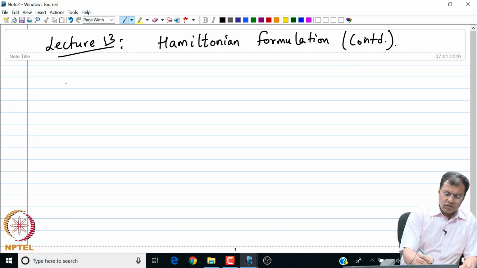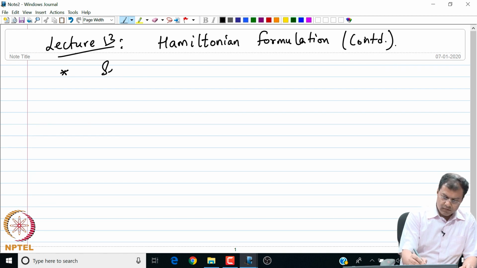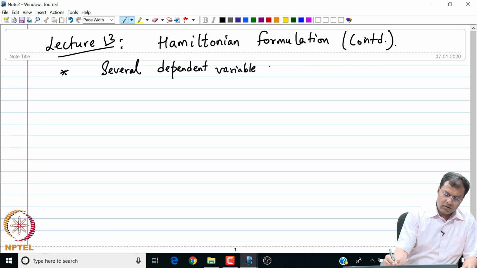I am going to start right away by introducing the Hamiltonian formulation for functions of several variables. That will include the special case of a function with one dependent variable. So, the several dependent variable case.